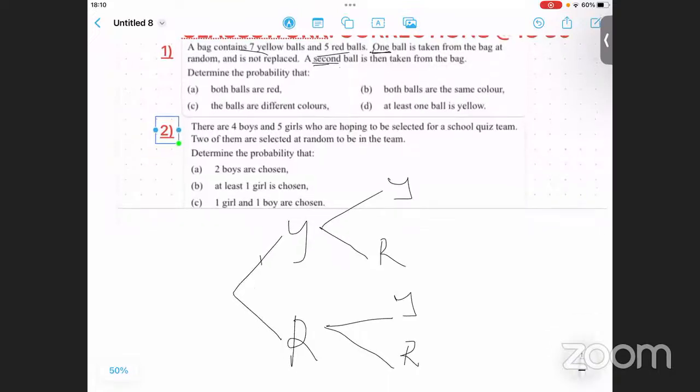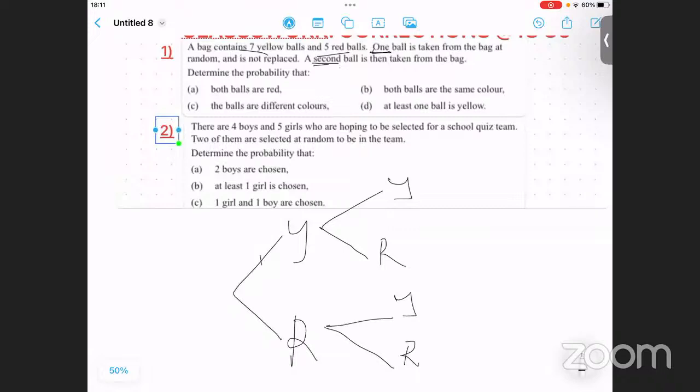Okay, now you have to label them because not all the balls are equal in the bag. You have 7 yellow balls, and then you have 5 red. So you see they're not equal. Even when they're equal, you have to state the probability.